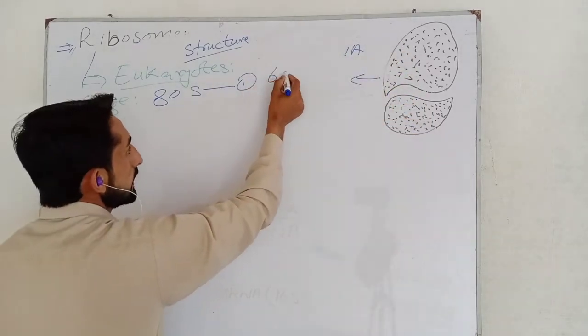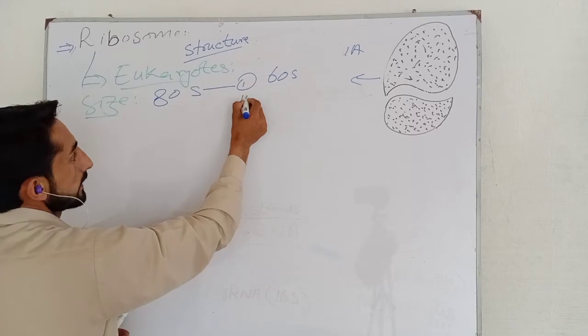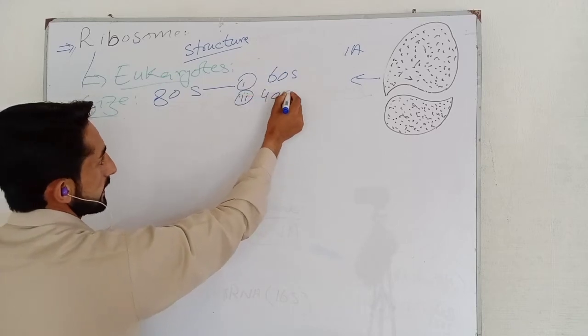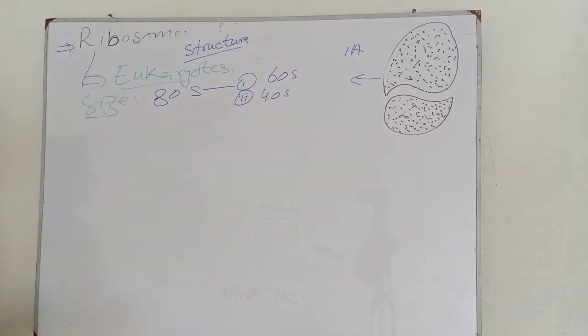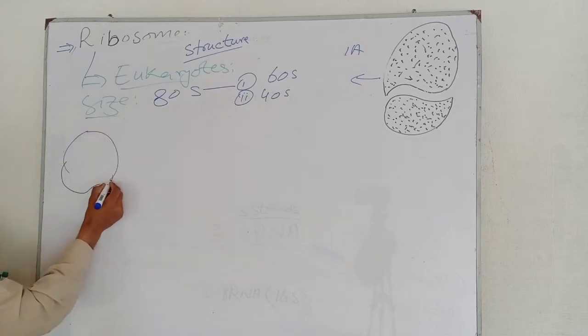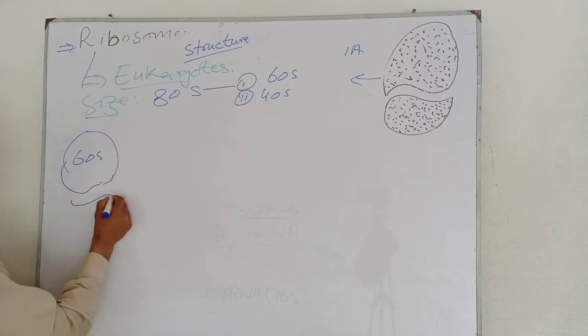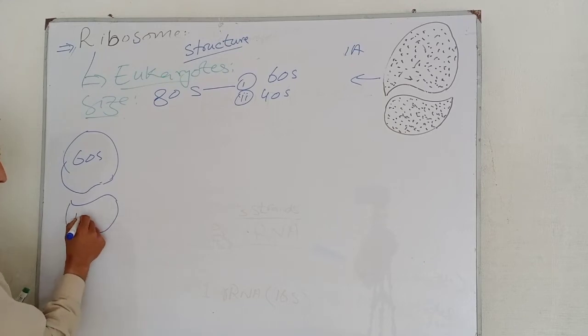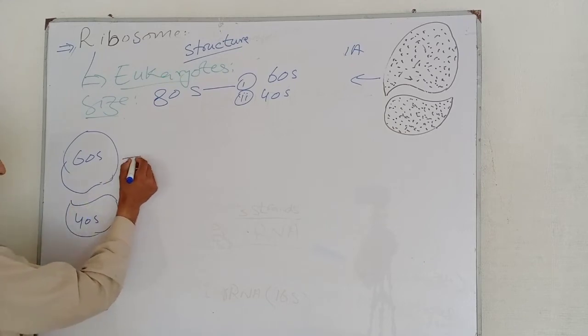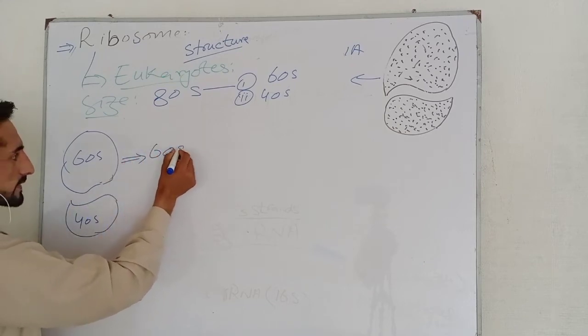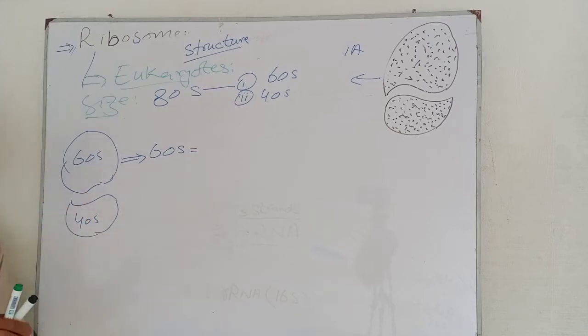The larger one is 60S and the smaller one is 40S. So now suppose this is the 60S subunit and this one is the 40S. How many ribosomal RNAs does the 60S contain, and how much protein?